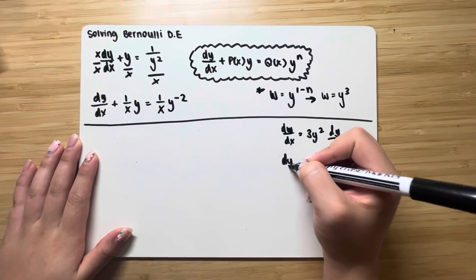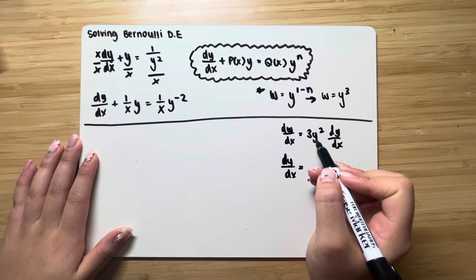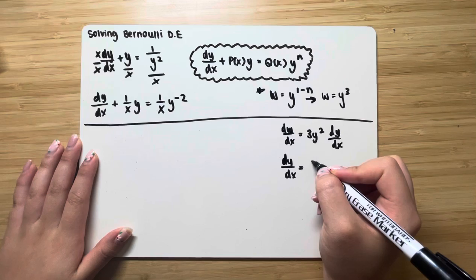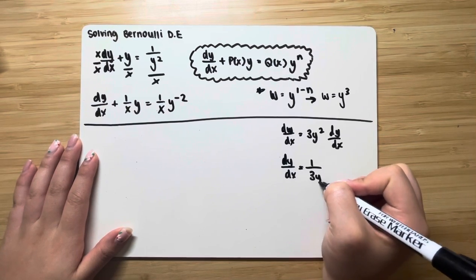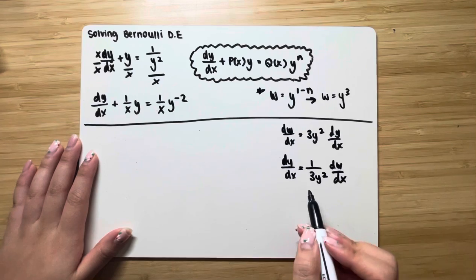So dy over dx is equal to, divide by 3y squared on both sides, you get 1 over 3y squared dw over dx.